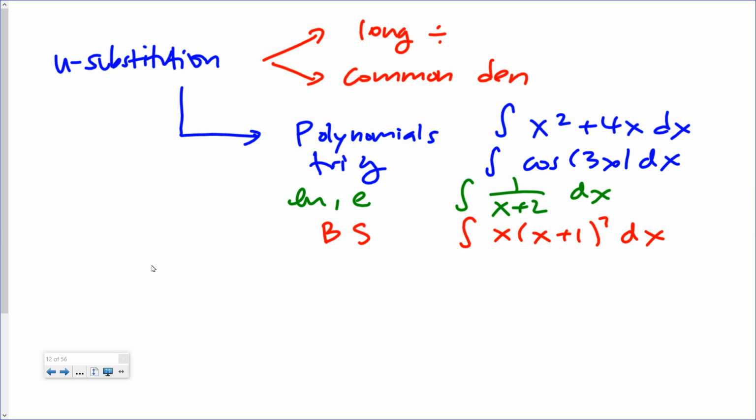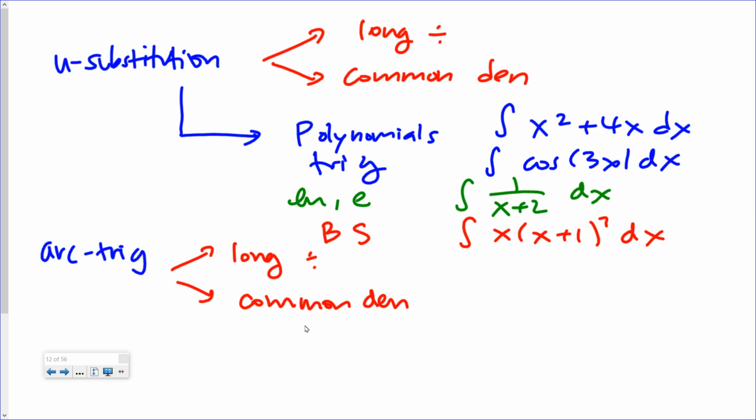And then when you came in on Tuesday, we said now you have your arc-trig problems, and there are 3 types. Before you even do the arc-trig problems, you have to look at these first. You could possibly have to long divide first, or you could split the problem into 2 fractions because of a common denominator.